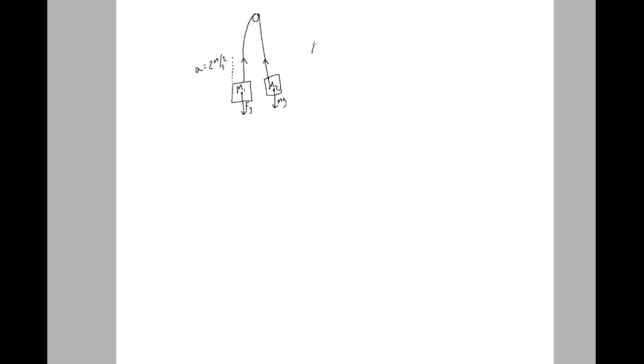Now, let's say in this example, M1 is accelerating up at, let's just go 2 meters per second squared. And let's say M1 weighs 6 kilograms and M2 weighs what? We don't know. Well, what we can do is this block is accelerating upwards in the y direction.